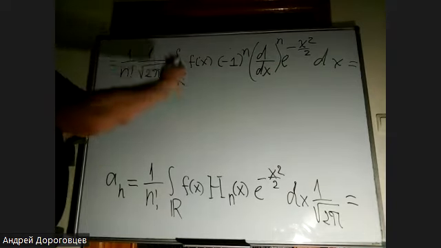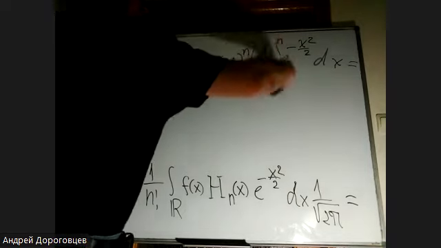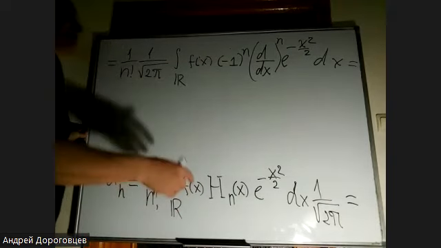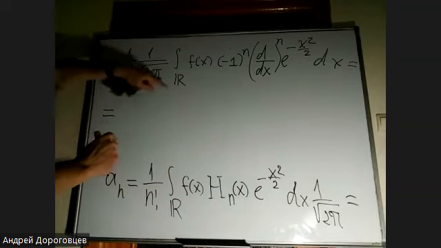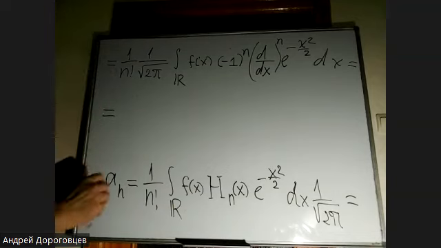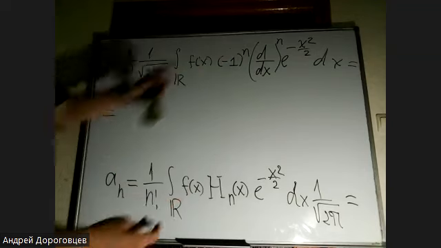Since f is bounded and this function and its derivative are rapidly decreasing at infinity, the terms from minus infinity and plus infinity will disappear. Then we have minus the integral with f prime and n minus 1.